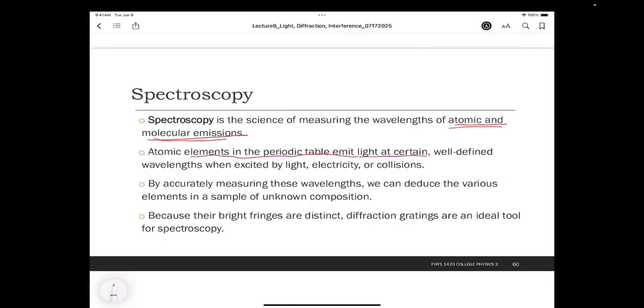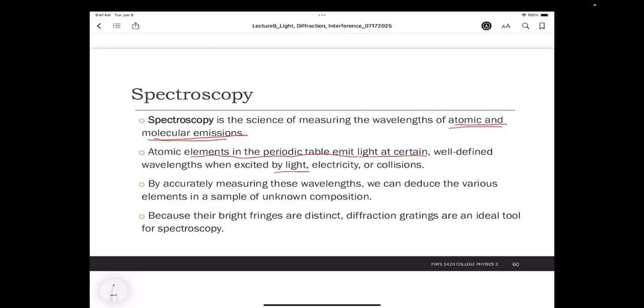By accurately measuring these wavelengths, we can deduce the various elements in a sample of unknown composition. Because their bright fringes are distinct, diffraction gratings are an ideal tool for spectroscopy.